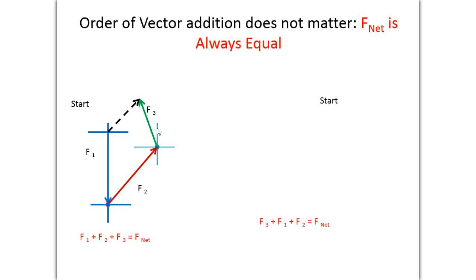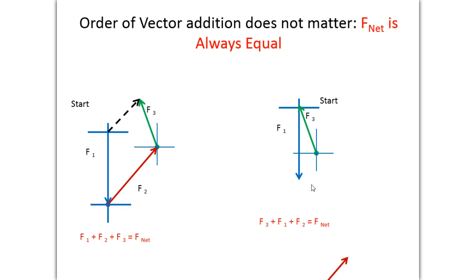So let's say we started with F3. So we drew this one in first. Then we want to draw F1. F1 would come straight down from the head of the first. So we draw our F1 in, and we have to draw our F2.